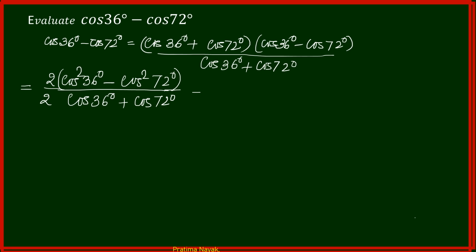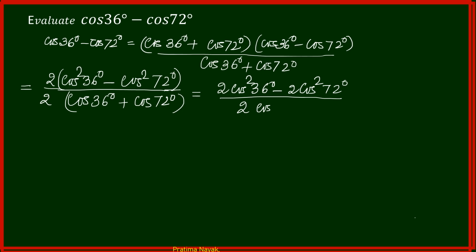So I'll get 2 cos square 36 degree minus 2 cos square 72 degree, over twice cos 36 degree plus cos 72 degree.